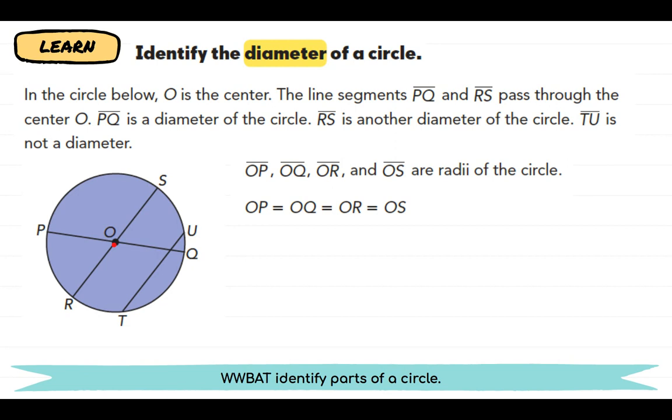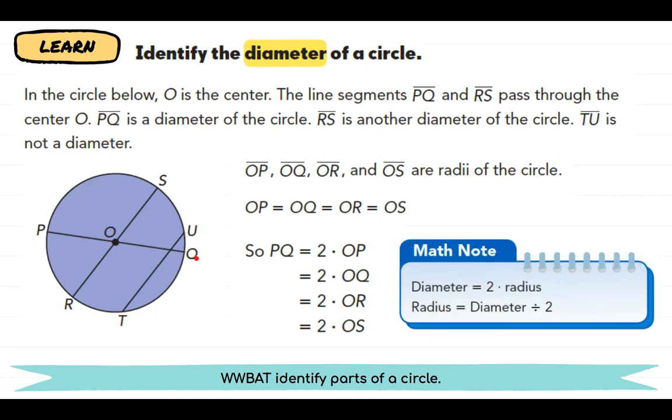Now, because we learned from the previous slide that all the radii of the circle are the same length, we can say that OP is equal to OQ, equals OR, and equals OS. Now, because PQ is 2 times OP, because remember that OP and OQ are the same length, we can use this formula to find the diameter of a circle.